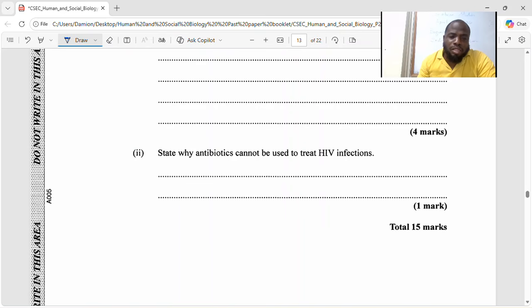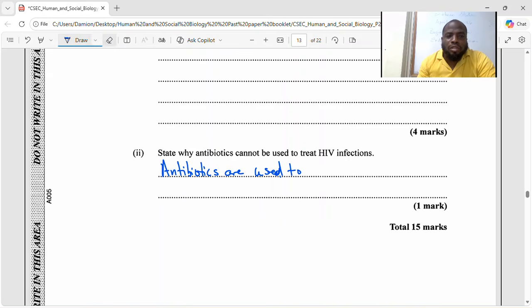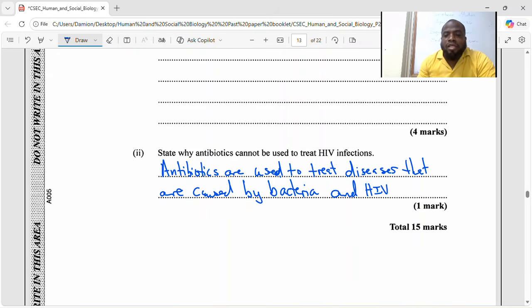Now, if you know anything about antibiotics, they are used to treat diseases that are caused by bacteria, and HIV is caused by a virus, and so it wouldn't have any control over the HIV.